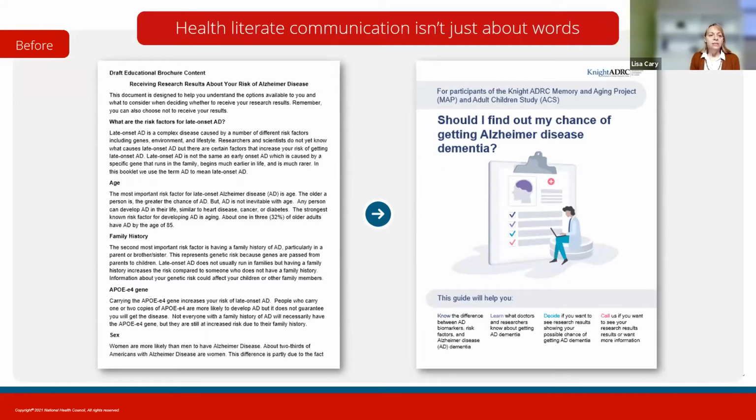Okay, so here is a before and after. At HLM, what happens is clients from different organizations, all the way from pharma companies to universities to nonprofits, send us their health information, kind of like the document on the left.